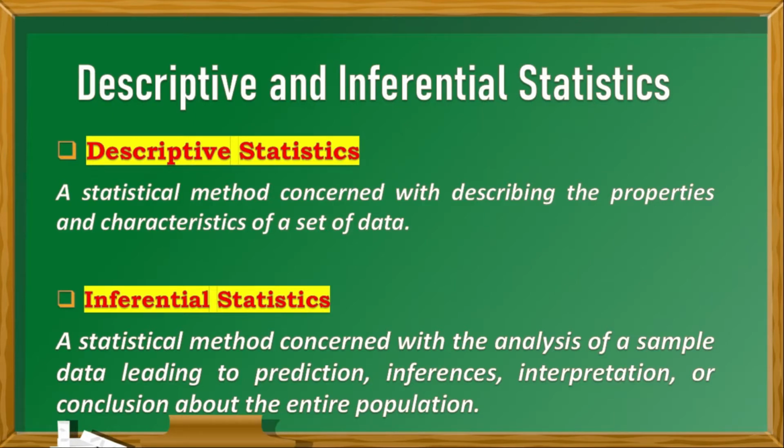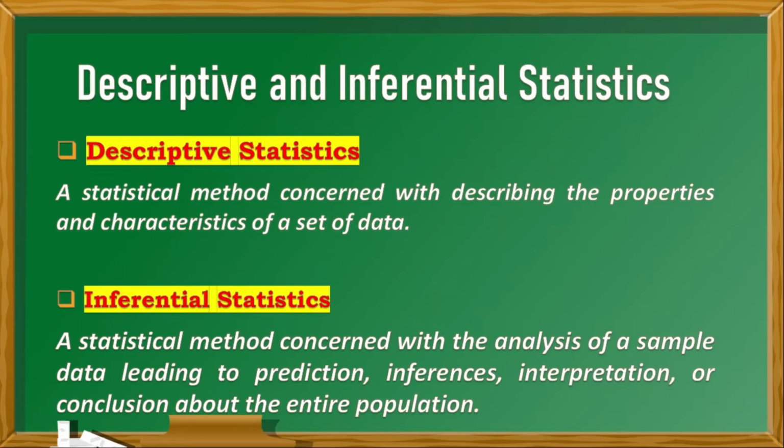So, inferential statistics use a random sample of data taken from a population to describe and make inferences about the population. Halimbawa na lang, pag gusto mong malaman kung ano yung performance ng mga grade 7 students sa math. Ngayon, kukuha ka ngayon ng 100 students to represent the whole population of grade 7 students. So yung sample mo ay 100 students.